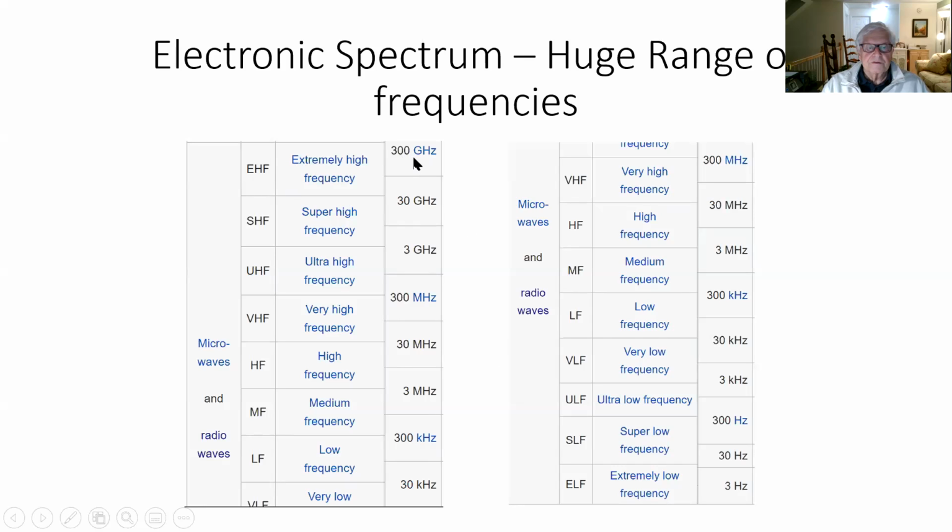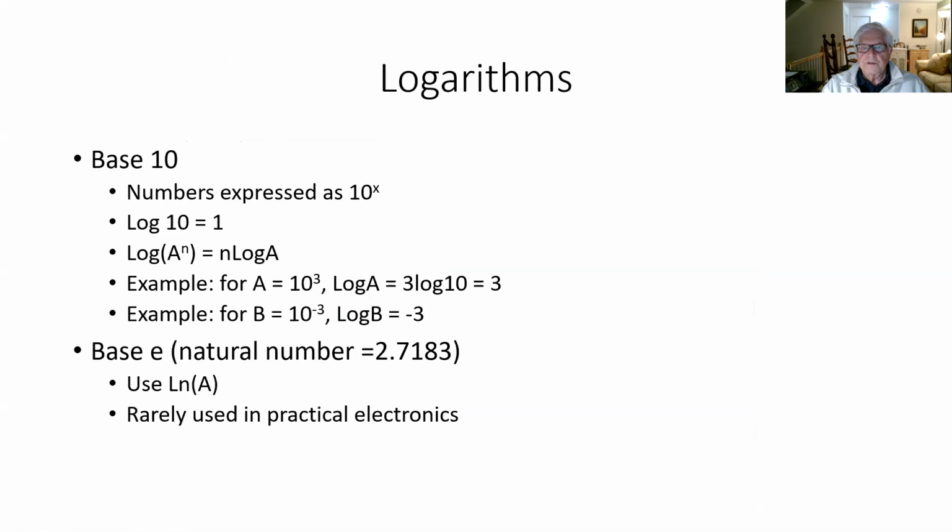Super high frequencies are between 30 gigahertz and 300 gigahertz. Then we go to ultra high and so forth, and all the way down to extremely low frequency, which is down to 3 hertz, very low. So that's just the frequency range.